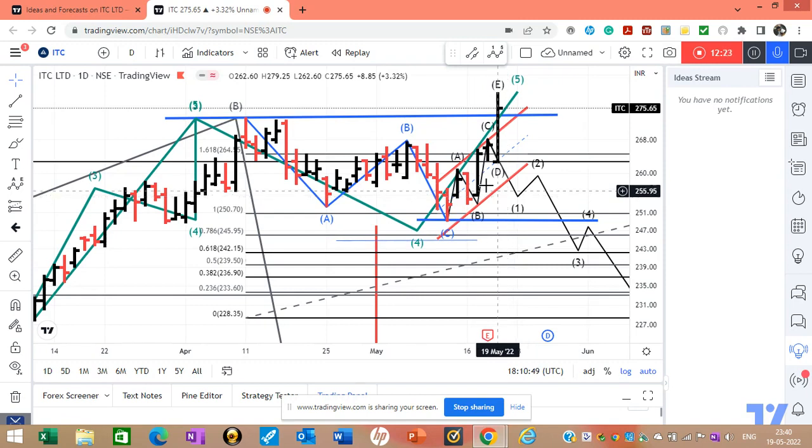And see, out of 10, if I do 10 wave counts, then there's high probability that 80% of them will be correct, and one or two might go wrong. And it will be very unfortunate if you are stuck in those wrong trades.